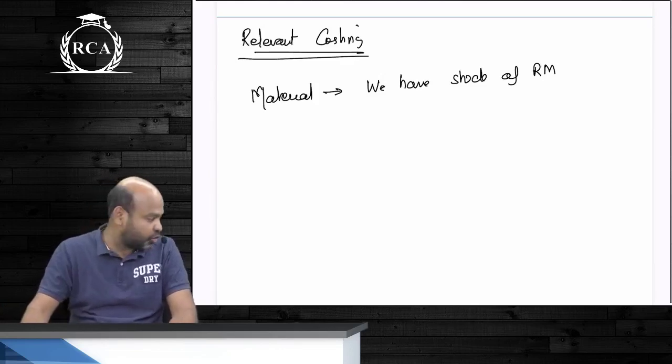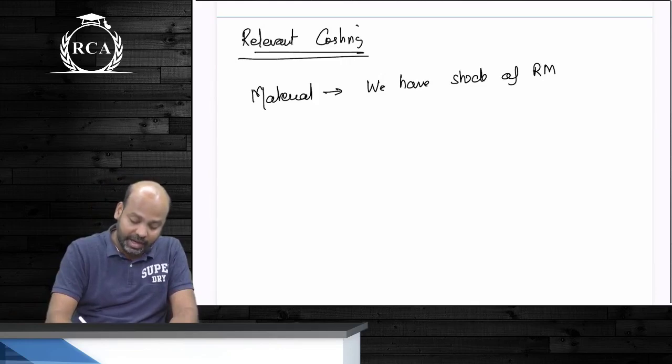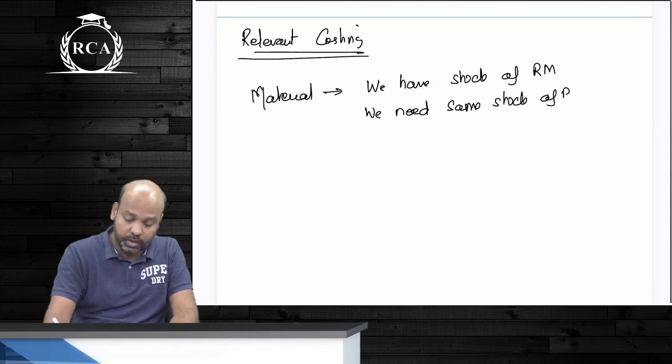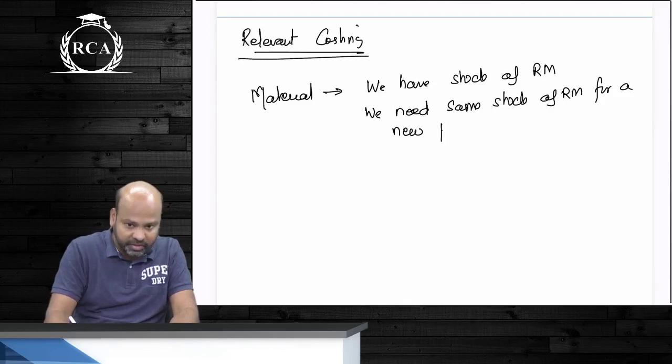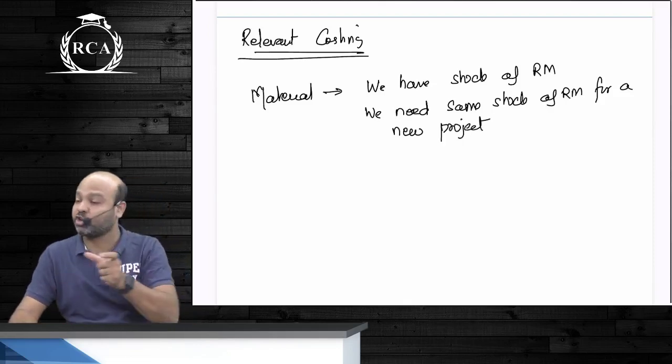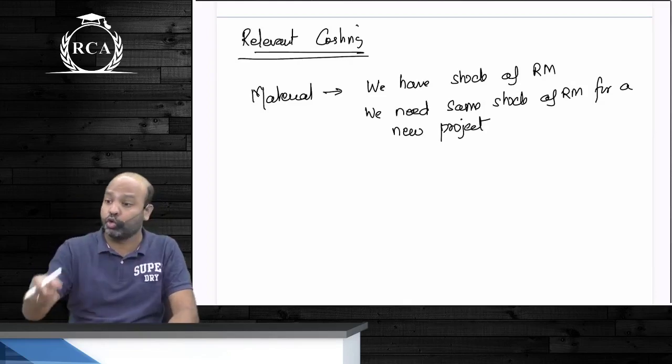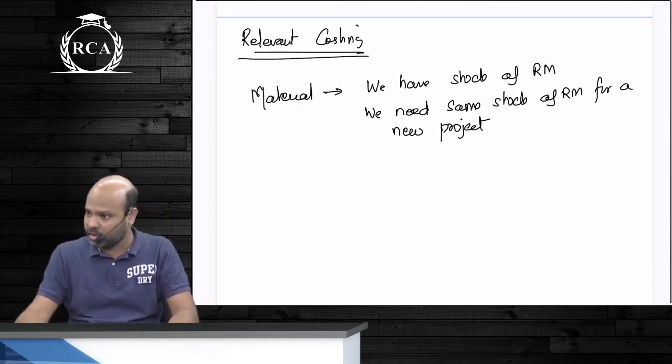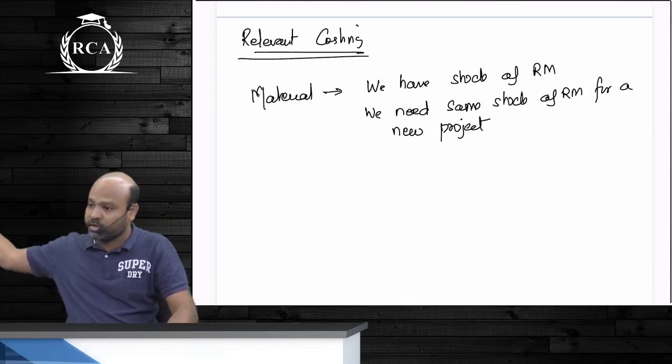So if you have stocks of raw material, guys, and we need the same stock of material for a new project, a new product that you're taking up, you need existing stocks of raw material. Now for these existing stocks of raw material, what are you going to take as the cost? You will have to determine the cost of the new project.